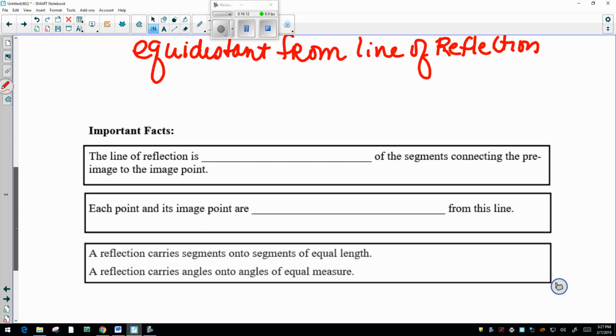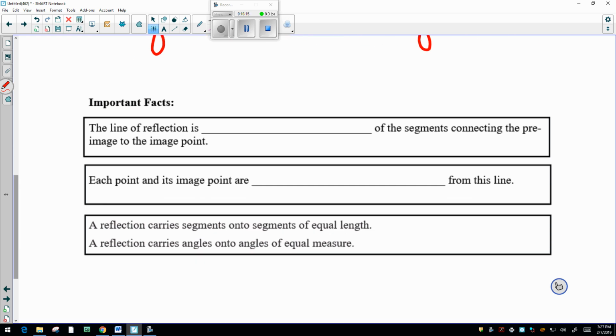So important facts to keep in mind. The line of reflection is the perpendicular bisector of the segments connecting the pre-image, our starting figure, to our image, our ending figure. Each point and its image point are equidistant from that line.